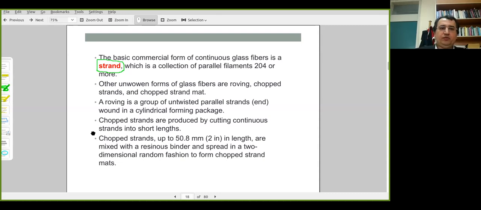It's a bundle of glass fibers. There is a standard on this. In general, there are 204 or more fibers gathered together in a strand. This is referred to as an unwoven form.